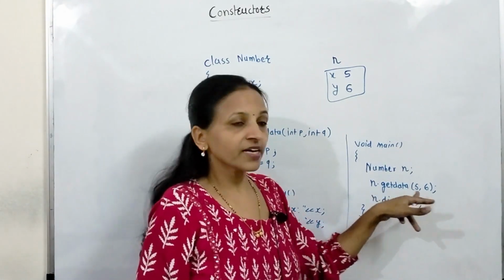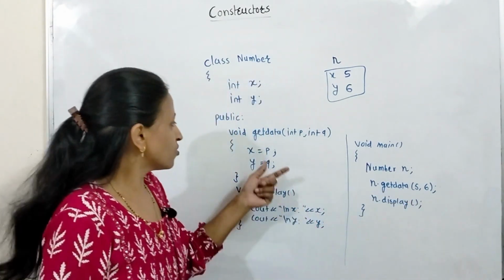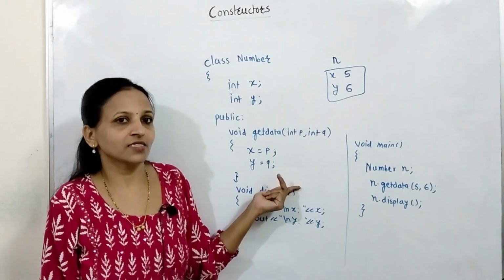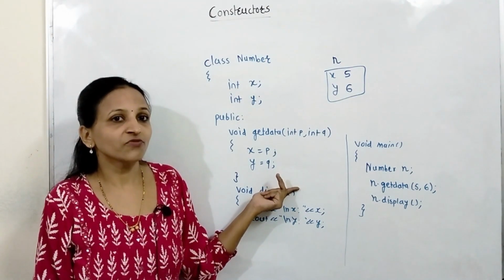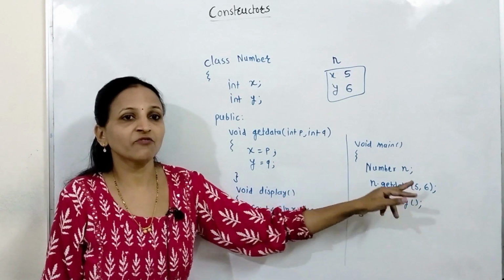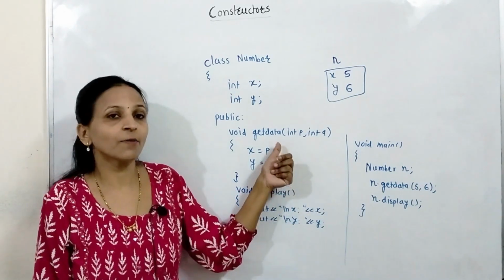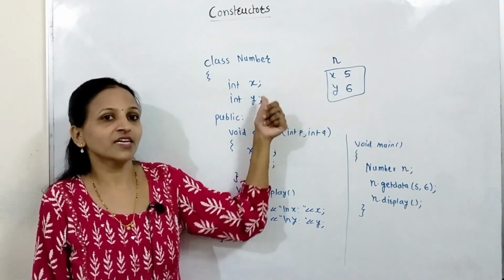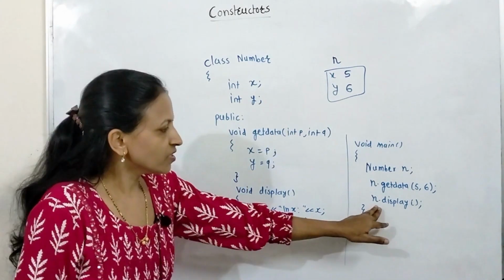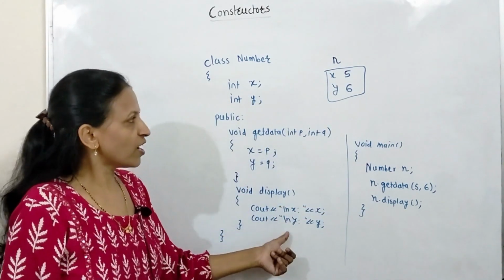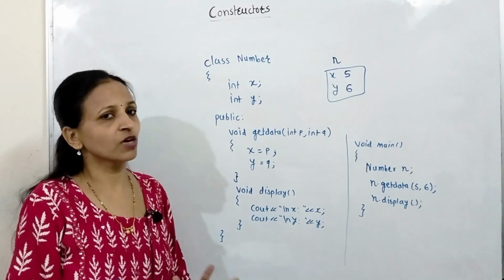Getting? After the getData member function the values will get initialized. We have to compulsorily call the getData member function to initialize the data members. Here x and y are the data members, and after calling display we will get the values of x and y displayed on the output screen.